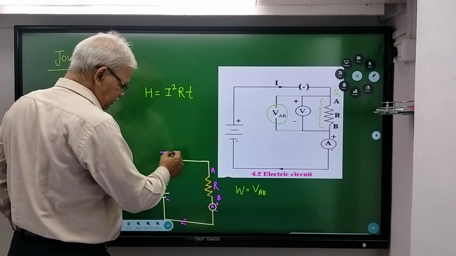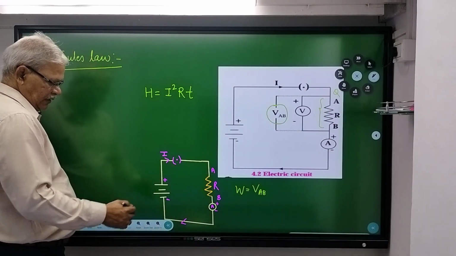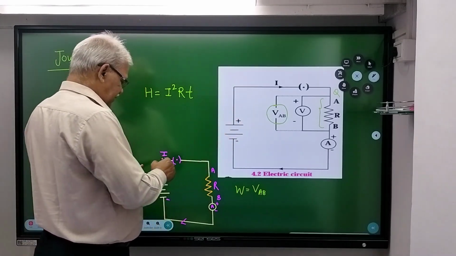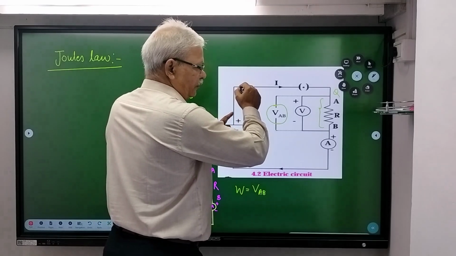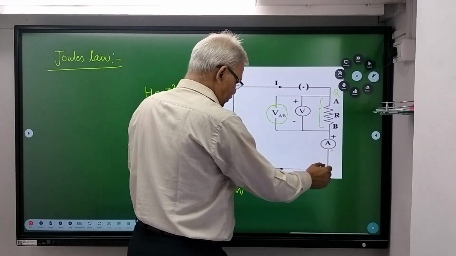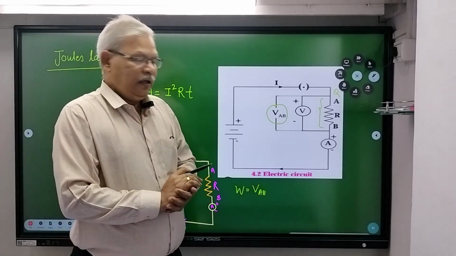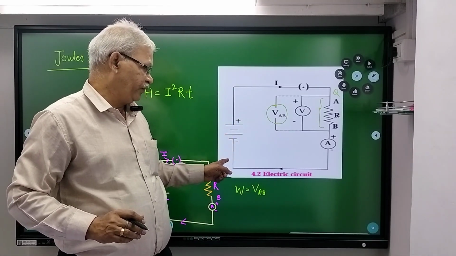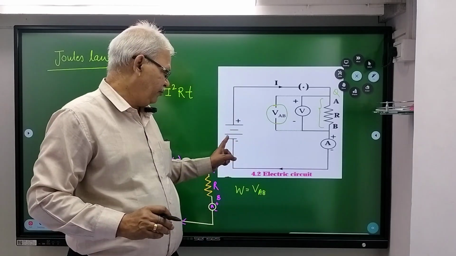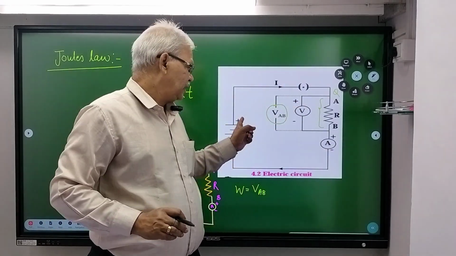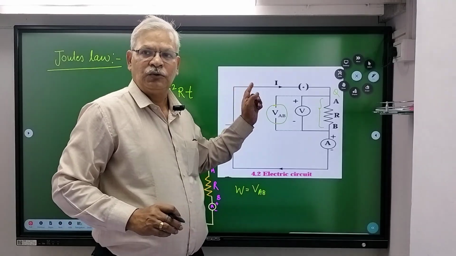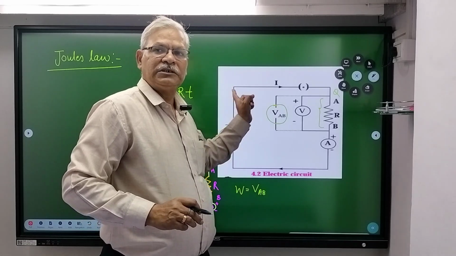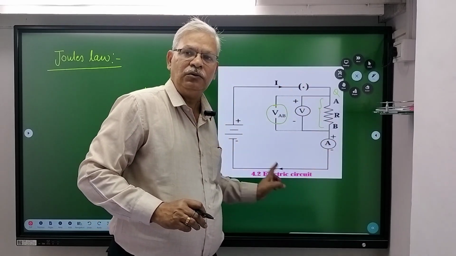As I told you, the circuit diagram is like this. The current is flowing from the positive terminal to the negative terminal. Though the current is actually due to the flow of electrons, from negative to positive, it is the conventional method to show in the diagram that current always flows from positive terminal to negative terminal.